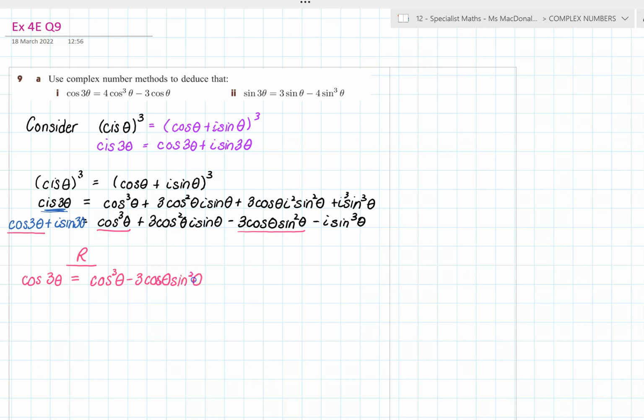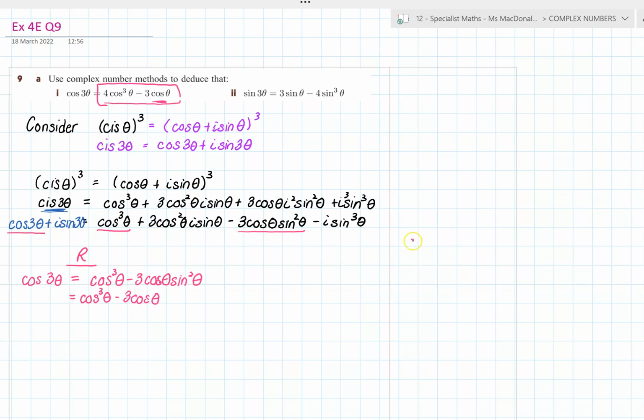Now, we're sort of getting close if we look at what we're trying to get to over here. We've got a cubed, which is great, but they've got a 4 cos cubed and we've only got 1, and they've only got cos θ here, not sine. So lucky for us, we can replace sin²θ with, you should be able to know that one, right?